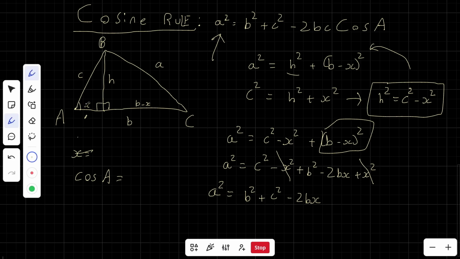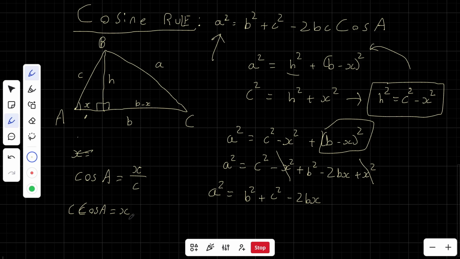So the adjacent side is x itself, and the hypotenuse is c in this triangle here. And so cos A is equal to x over c, and so c times cos A is equal to x.